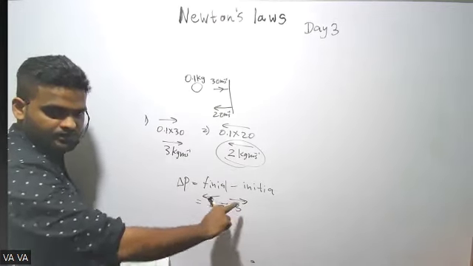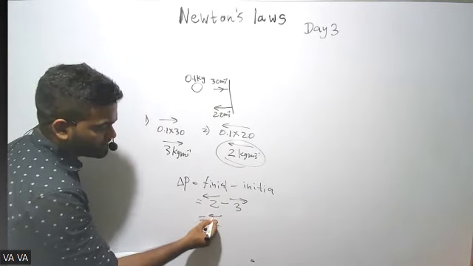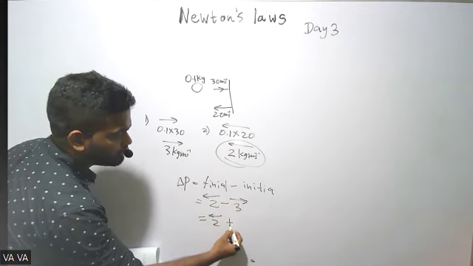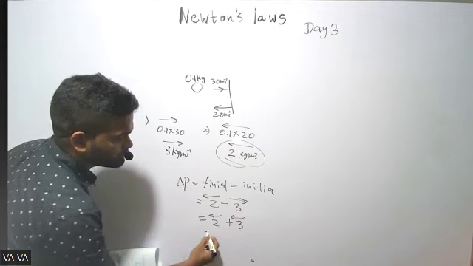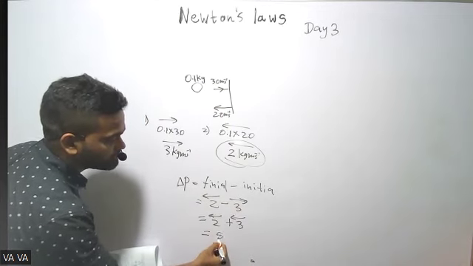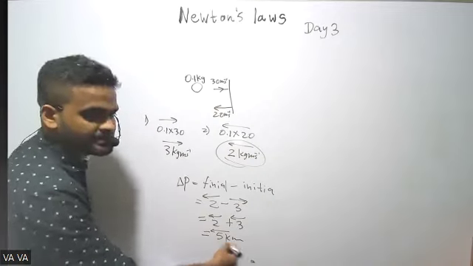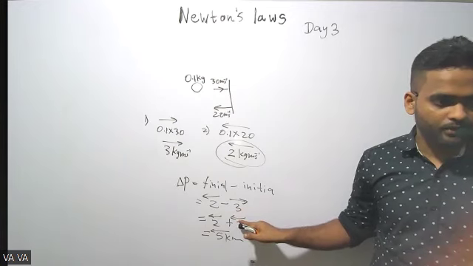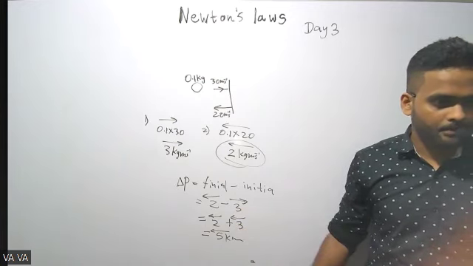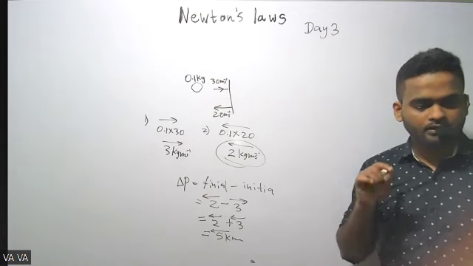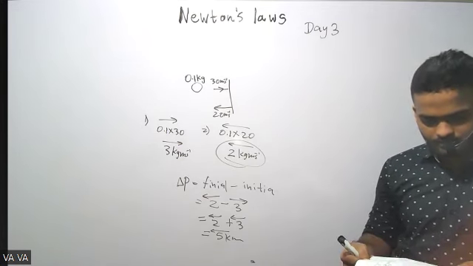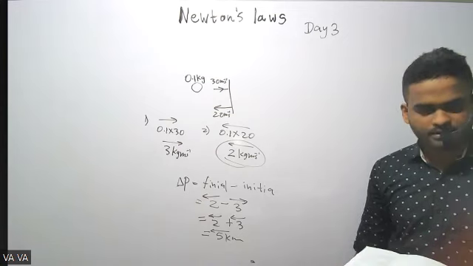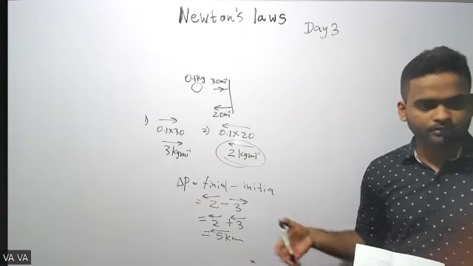So this is a vector calculation. 2 to this side, you can change the direction of the arrow and make it a positive. So the direction of change of momentum is to this side. So this is the change of momentum. At the last part, direction is very important, right? Direction is important. Okay. So I think now you know some stuff about this momentum, right? I just wanted you to get familiar with those.